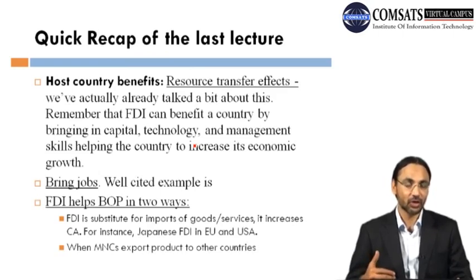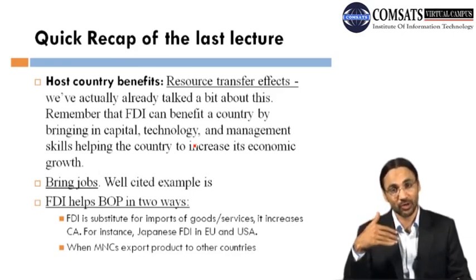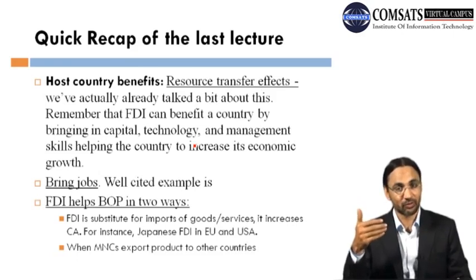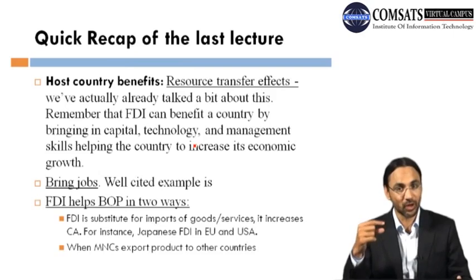Basically, before that, the USA was importing those automobile parts from Japan. And now what was happening? Instead of that import, the Japanese firms are doing business through FDI. Now in the balance of payment, the USA has replaced imports with FDI. This is the first effect.